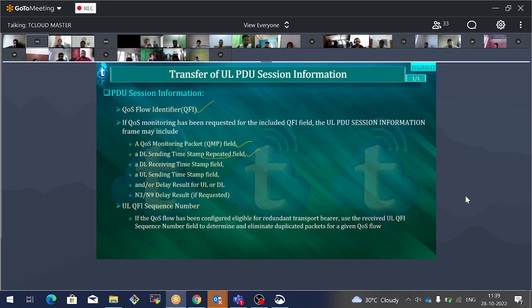It will be repeated in the uplink once again to help the UPF compare the previous value and the incoming value. And when the mobile equipment received the downlink packet, or when it originated the uplink packet, exactly at what moment, the uplink packet stamp time, that stamp time will be included.